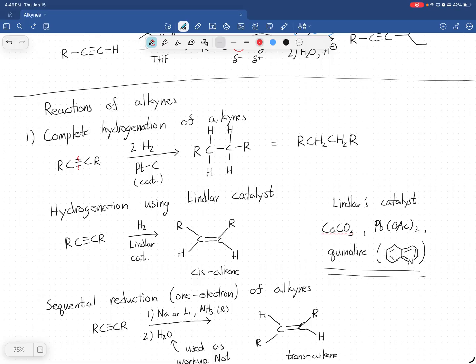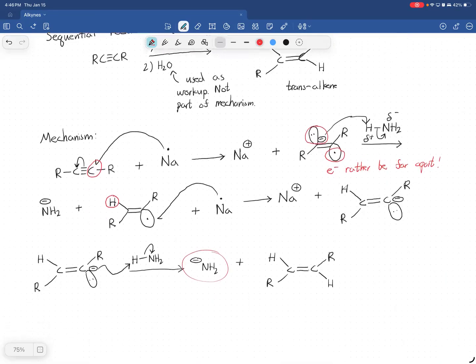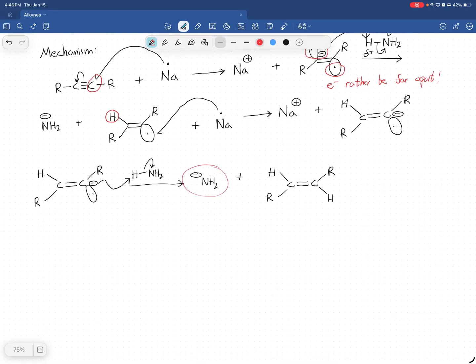So you really don't have to memorize anything new. Okay? All right. So that's our first reaction class, which is reaction of alkynes, hydrogenation, or reduction of the triple bond.